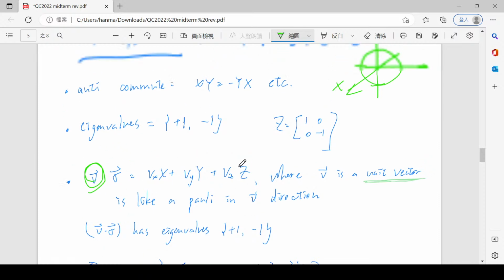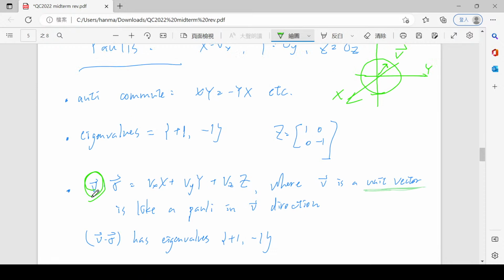And what we mean is, we write v into its coordinates, right? So v is (vx, vy, vz) with norm equal to 1, so vx squared plus vy squared plus vz squared equals 1.